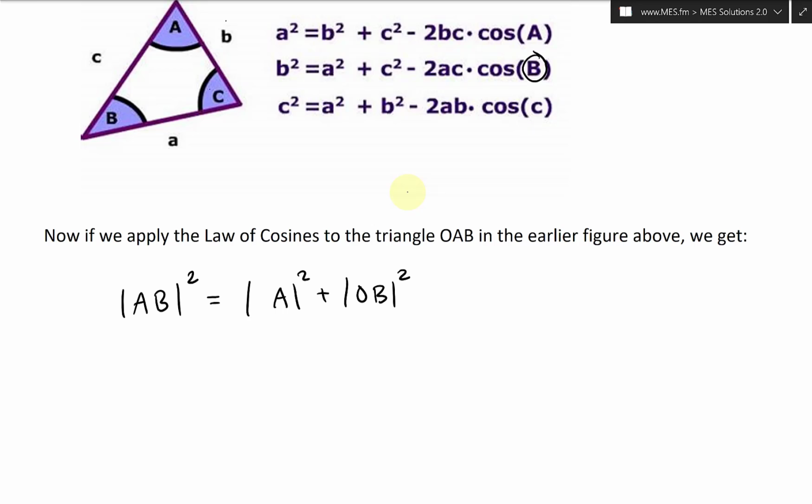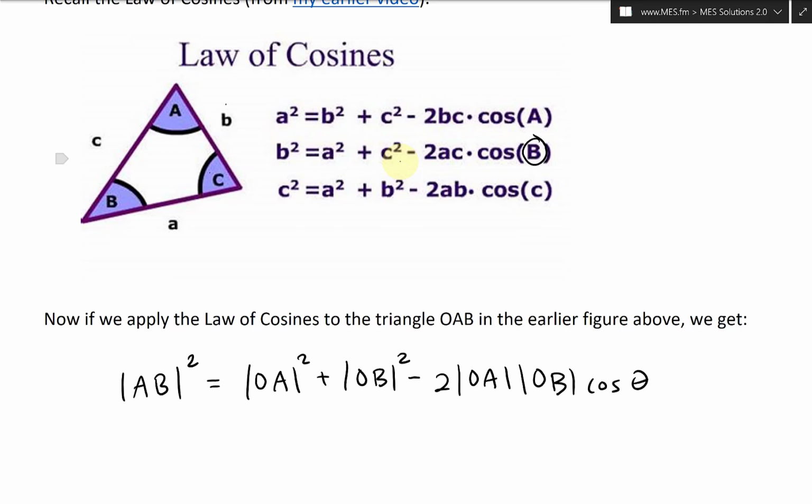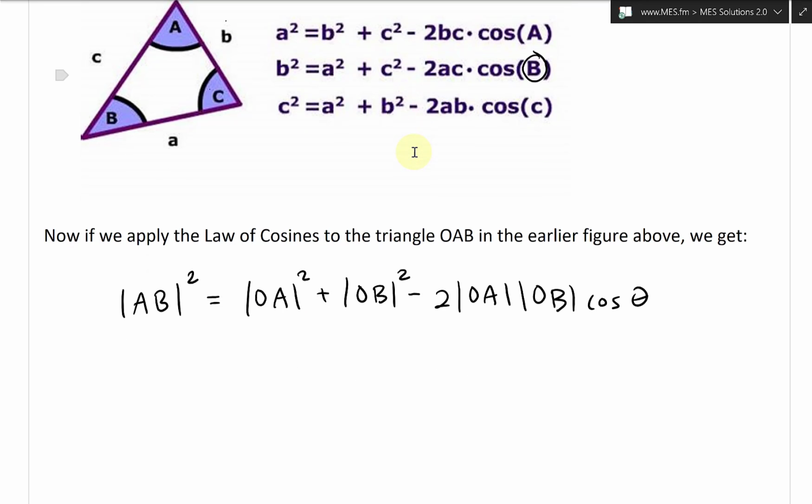Those are the absolute values of the lengths of those line segments. Then it's going to be minus 2 times OA times OB, and then cosine theta. Just like with b squared and c squared, you have 2bc with a negative sign and then cosine of that angle. All right, so that's what we have there.